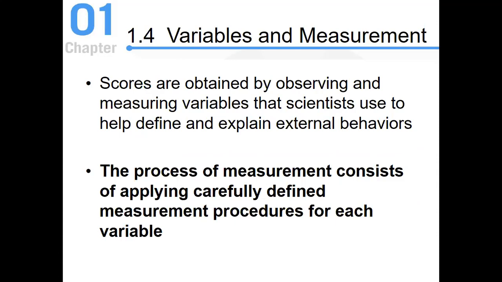We want to measure things like stress, anxiety, how intelligent somebody is, what's their current mood, how angry are they, what's their personality. All of these things are abstract concepts that are difficult to clearly and neatly measure. So when we engage in measuring variables in the social and behavioral sciences, we're going to have to go through a process, a series of procedures that's very carefully laid out.